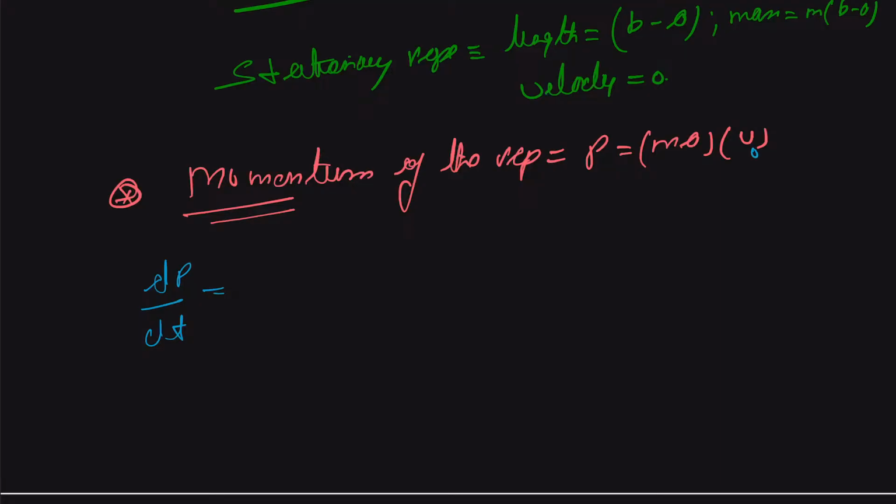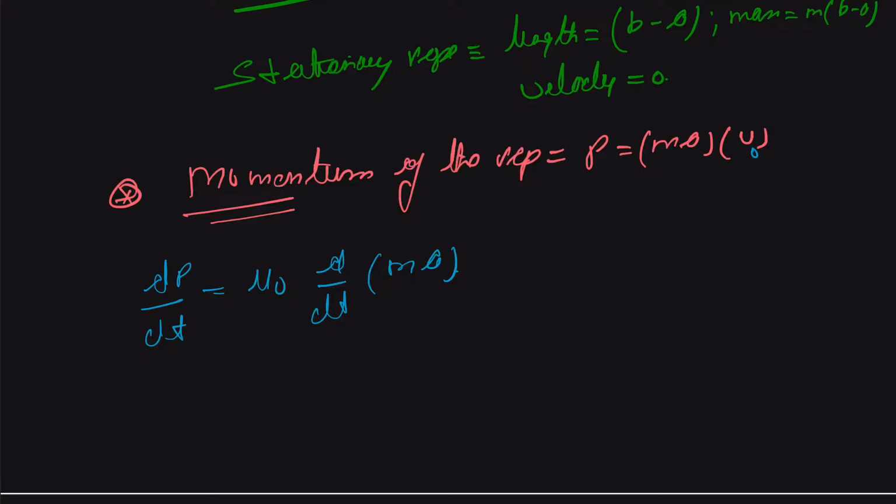So we write this as u0 and d/dt of mass into the length. And in this case, because it is being lifted, our length is increasing. Okay.